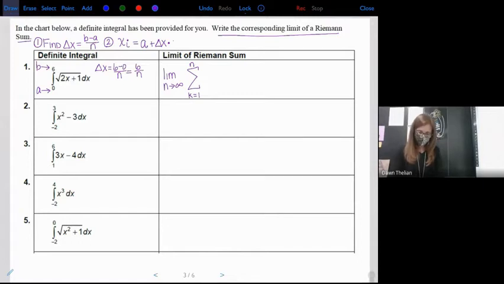So on this one, since I've decided to be annoying and use a k instead of an i, I just don't want you to get thrown off. They can use whichever letter you want. x sub k would be a, which in this case is 0, plus my delta x, 6 over n, times k.